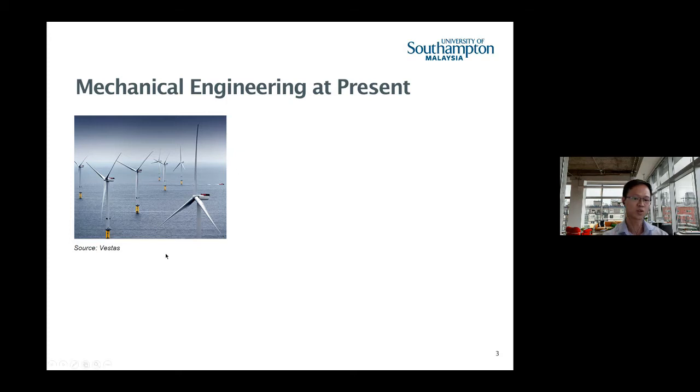So if you look at this structure, this image does not do it any justice at all because it looks small from the screens that we are looking at. But actually, the diameter of this wind turbine is more than 100 meters. Okay, so imagine yourself doing a 100-meter dash. How long does it take for you to cover 100 meters? That is the size of this structure.